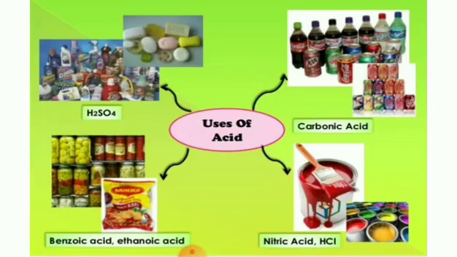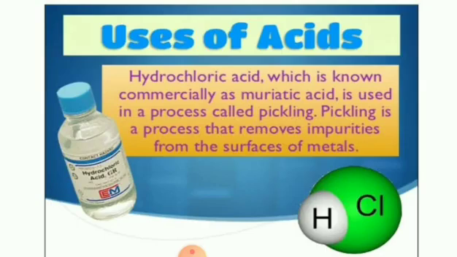Let us see the uses of acid. Students, do you know the uses of acid? First, hydrochloric acid. This hydrochloric acid is present in our stomach, and helps in the digestion of food material. Hydrochloric acid, known commercially as muriatic acid, is used in a process called pickling.